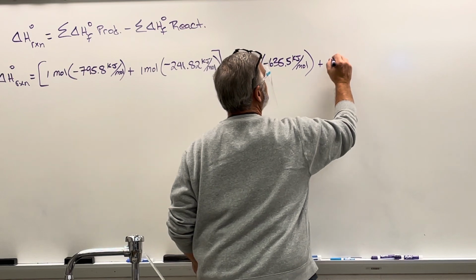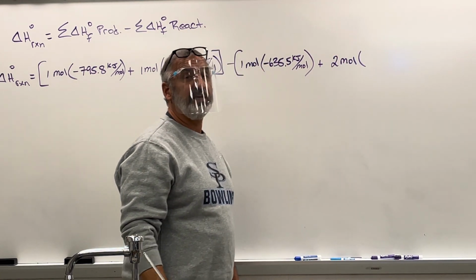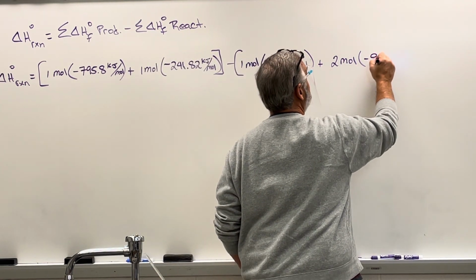So it's going to be plus 2 moles times the heat of formation of the HCl, which was negative 92.3.